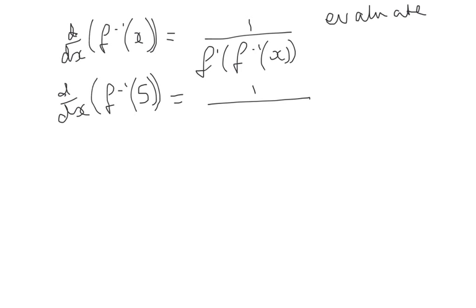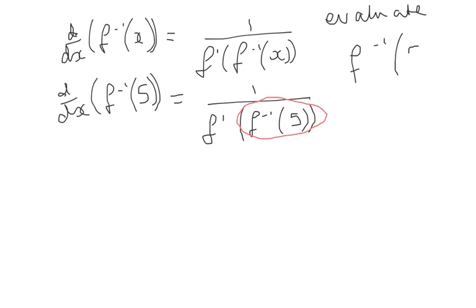This means we replace x by 5. Now in brackets, this part we already know from the previous slide. We know that the inverse function of 5 is negative 1. So we can substitute the value of negative 1 into the derivative.